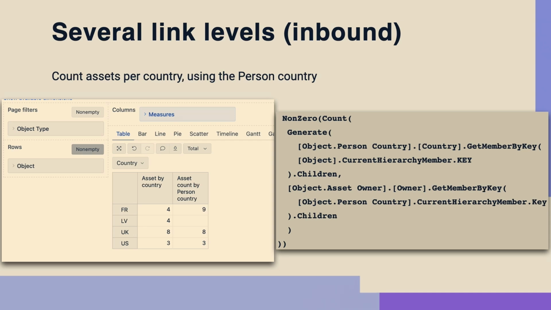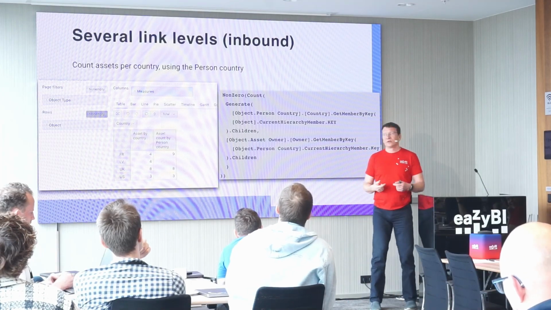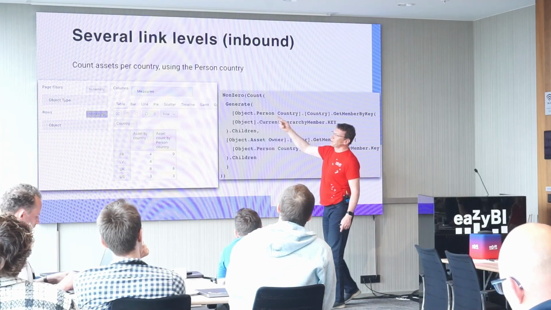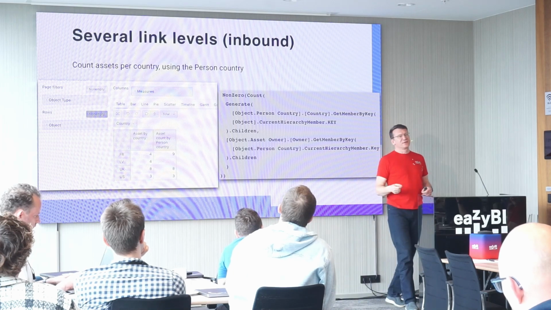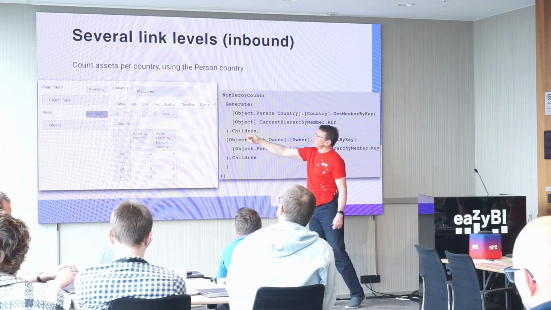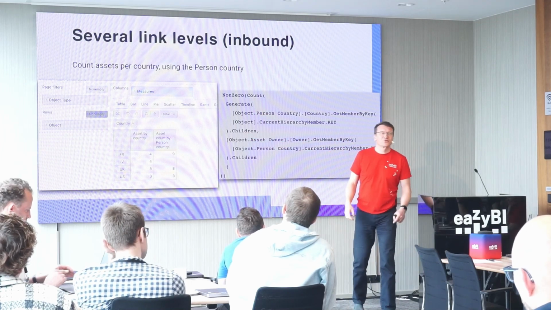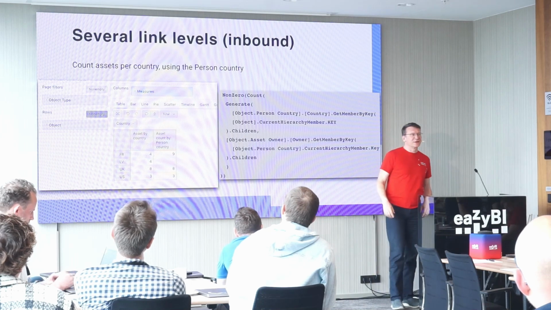I utilized two custom hierarchies here, and that is a bit of a generic rule. If you navigate inbound links here, you will probably need to create a custom hierarchy and use it here. And then I take those children and use this very powerful function. I recommend everyone to check the documentation and examples of how it works.